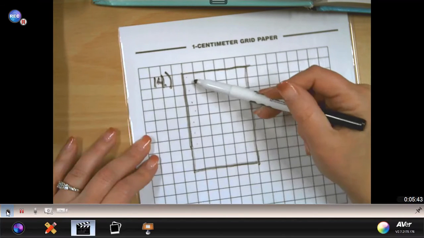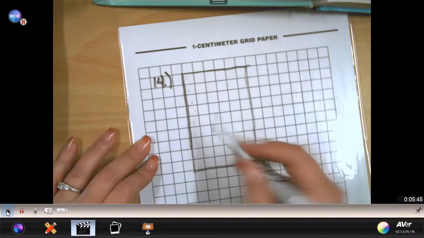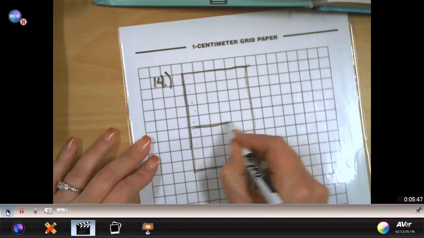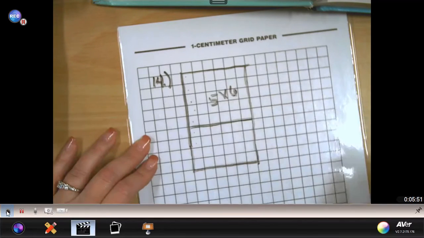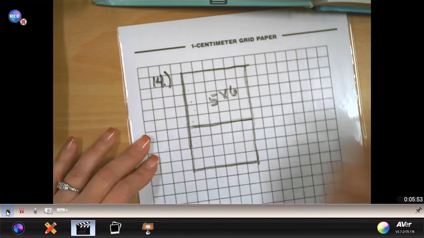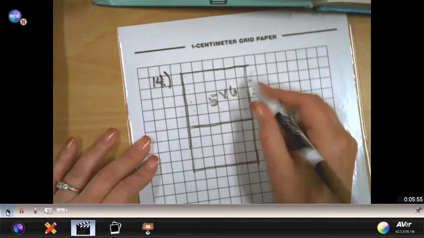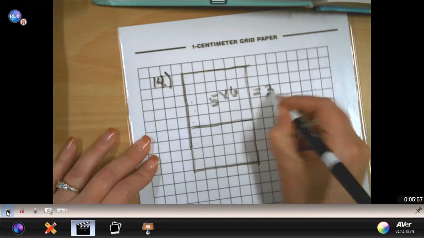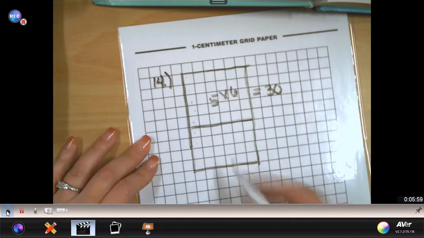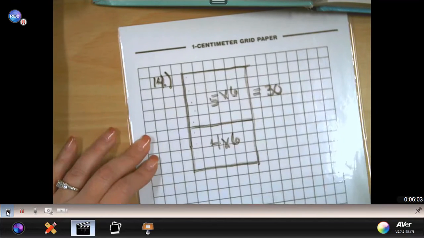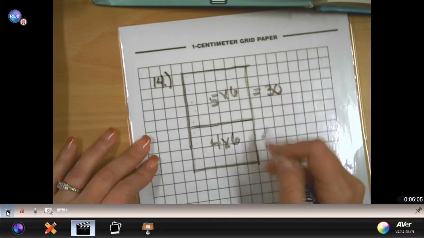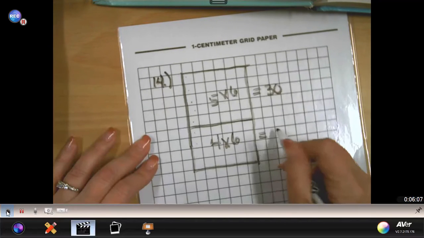So if I used 5 rows first for 5 times 6, this part is going to be my 5 times 6, and we know how to count by 5s. So we know that this part of our array is 30, and the rest of my 4 rows of 6, to make up my 9 rows of 6, is 24.